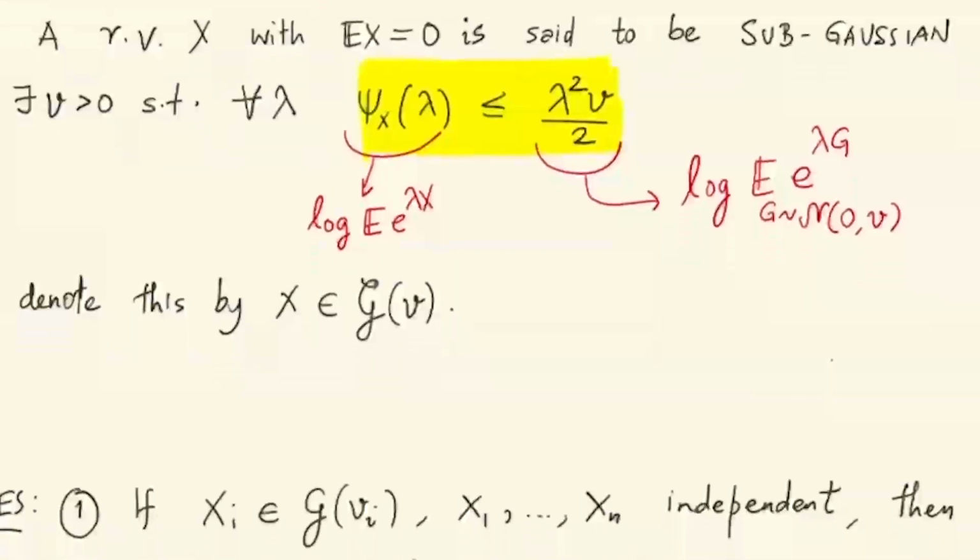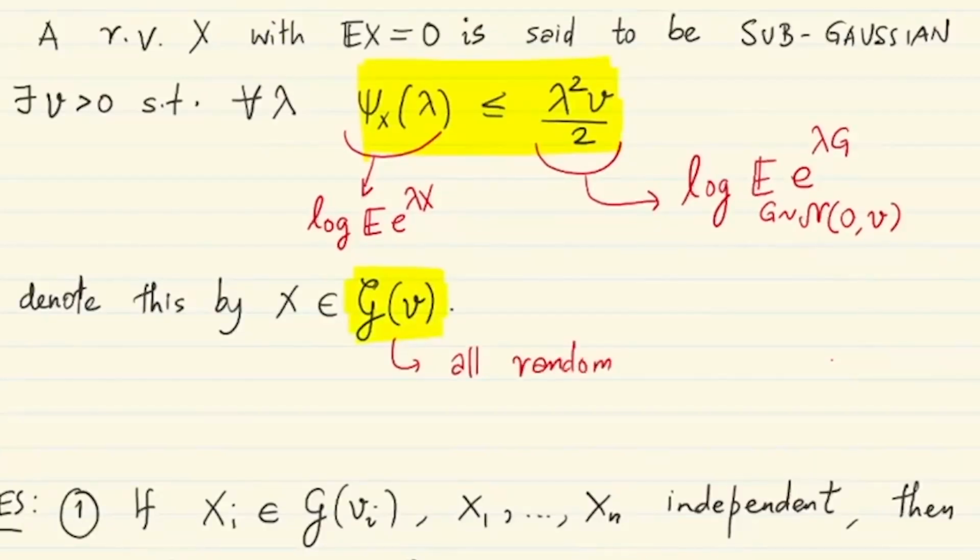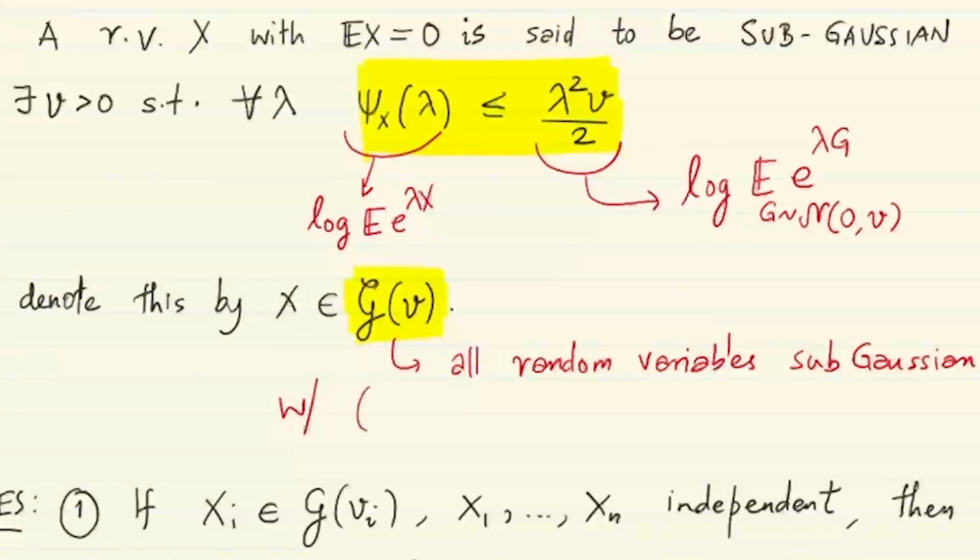So we use the notation G of v to denote all random variables which are sub-Gaussian with parameter, we'll also call it the variance parameter for reasons that will become clear later, v.